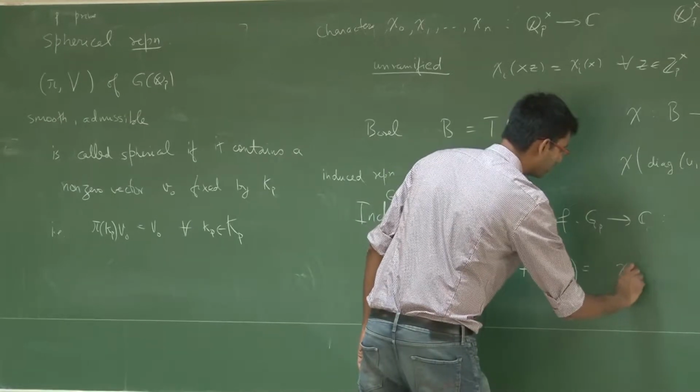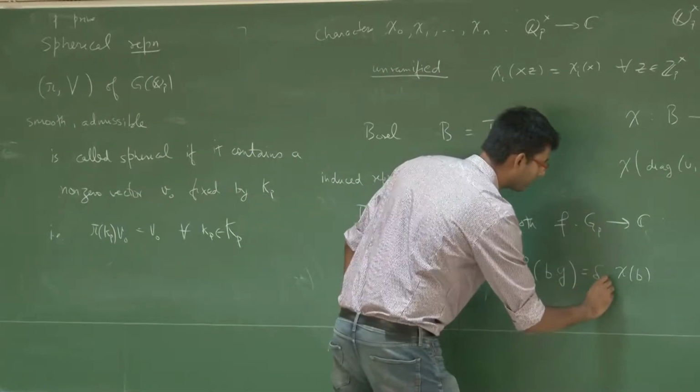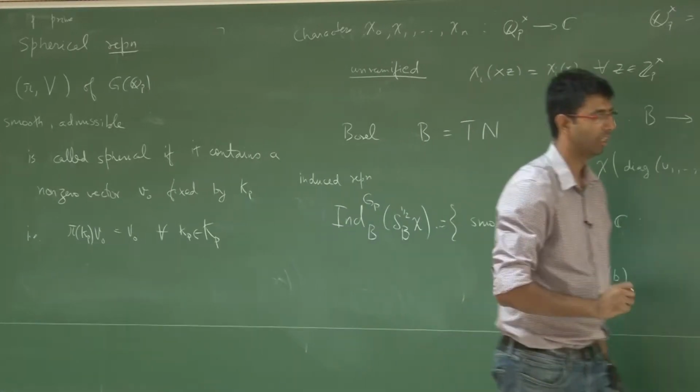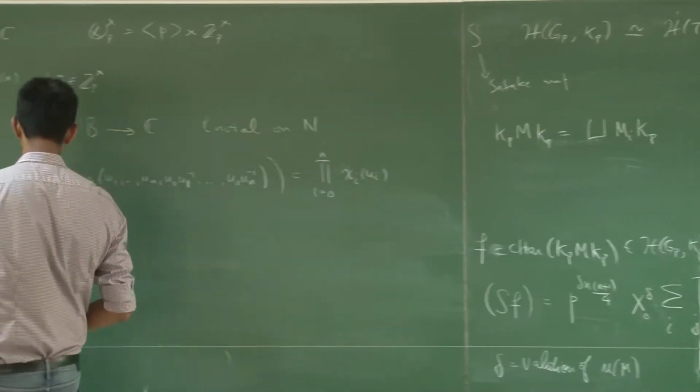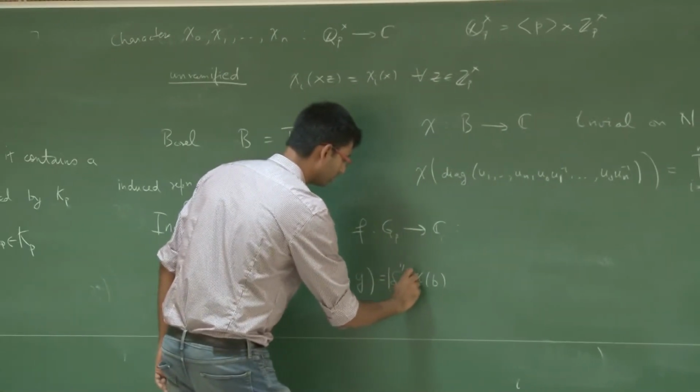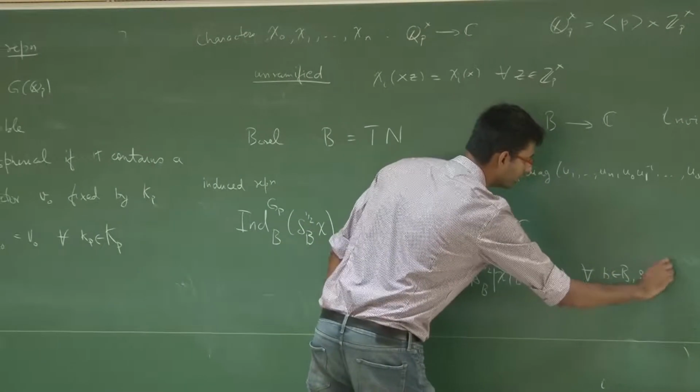And to make everything unitary, etc., we also do this delta_B to the half. I need absolute value, right? Am I missing the absolute value? Of course. So f(bg) equals chi(b) times |delta_B(b)|^(1/2) times f(g), for all b in B and g in G.